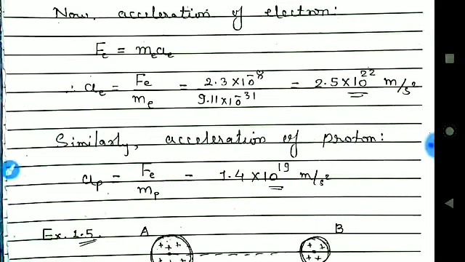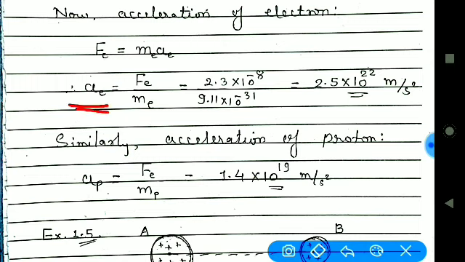Now let us compare this acceleration. The acceleration of the electron is obtained to be 2.5 into 10 raised to 22 meter per second square, while the acceleration of the proton is obtained to be 1.4 into 10 raised to 19. Just compare the powers.